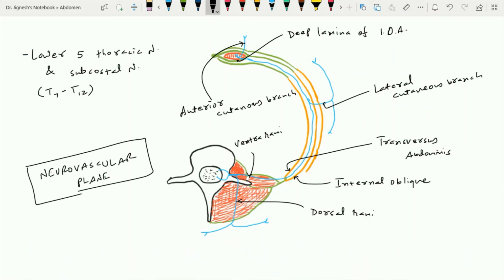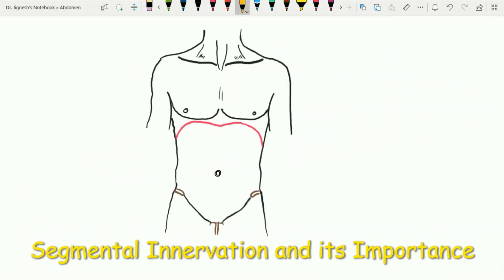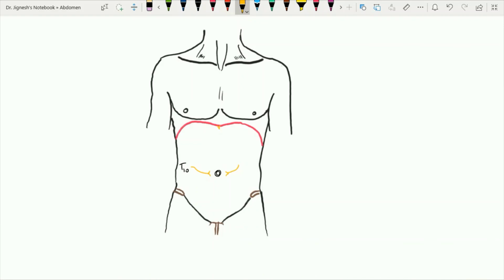For the segmental innervation of the anterior abdominal wall, let's see one more image. The area around the umbilicus is going to be supplied by the T10 spinal nerve, and the area above the umbilicus up to the xiphoid process is consecutively supplied by T9, T8 and T7 spinal nerves, while the area below the umbilicus up to the symphysis pubis is going to be supplied by the T11 and subcostal T12 spinal nerves and the L1 spinal nerve.